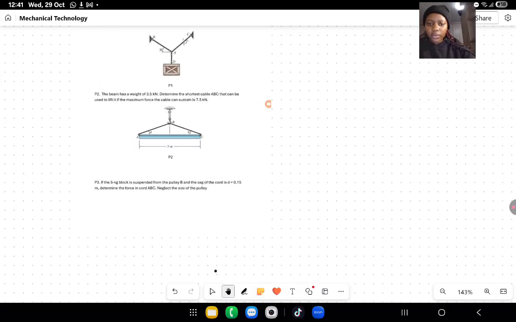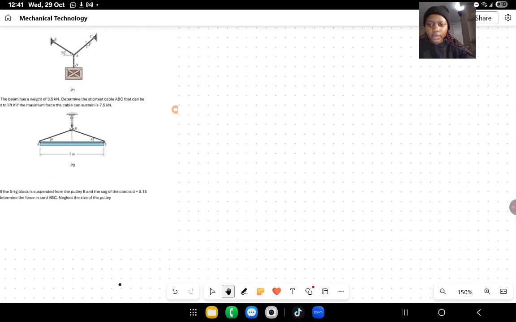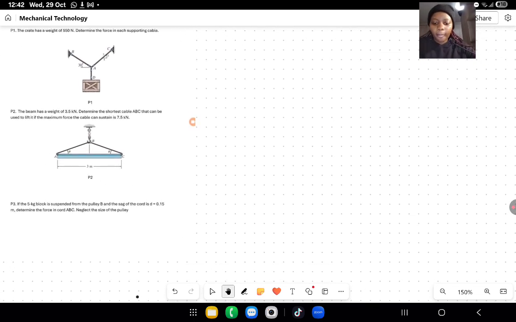For our second one, they say the beam has a weight of 3.5 kilonewtons. Determine the shortest cable ABC that can be used to lift it if the maximum force the cable can sustain is given.